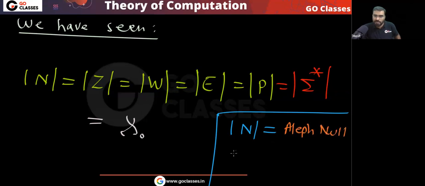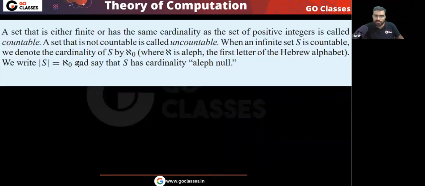The size of integers is also aleph-null. This is just a small point, no one will ask you, don't worry. But the lowest level of infinity, the countably infinite set, is denoted by aleph-0.